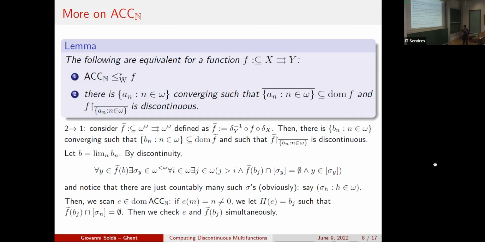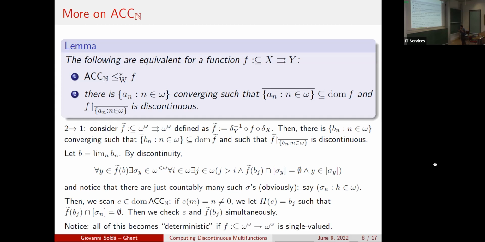So what is going on here, essentially, is that by checking these two things in parallel, you either find something that E had to avoid, and then you're perfectly happy because you just avoided it, or you find that your point misses some neighborhood of the limit point, and then you're also happy because this is exactly what you wanted to know in a certain sense.